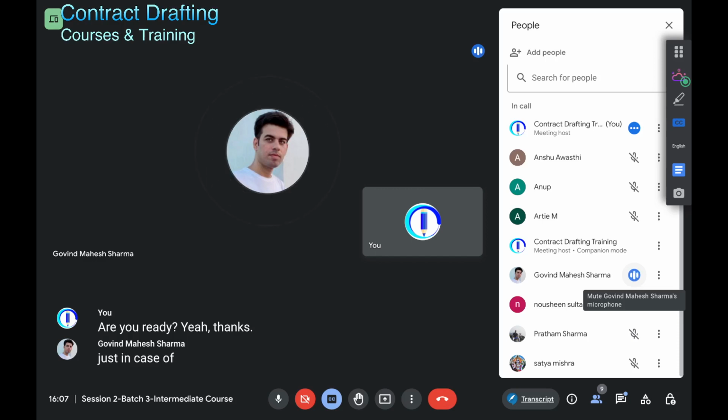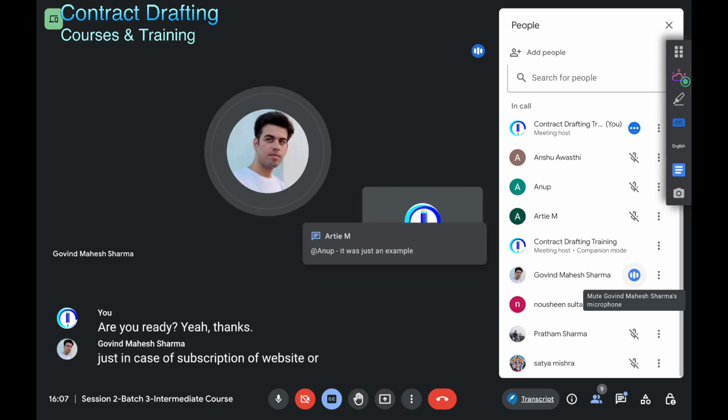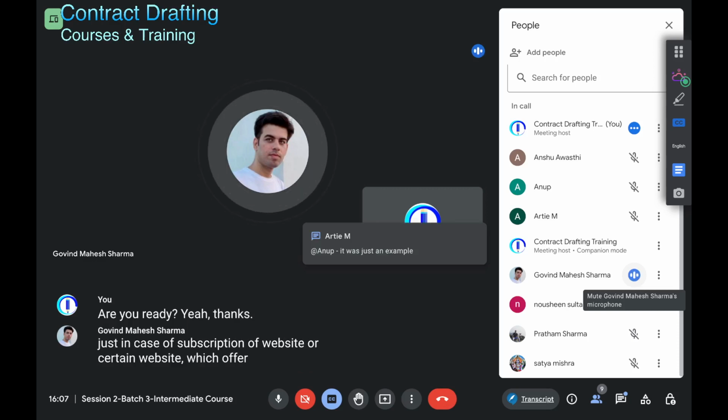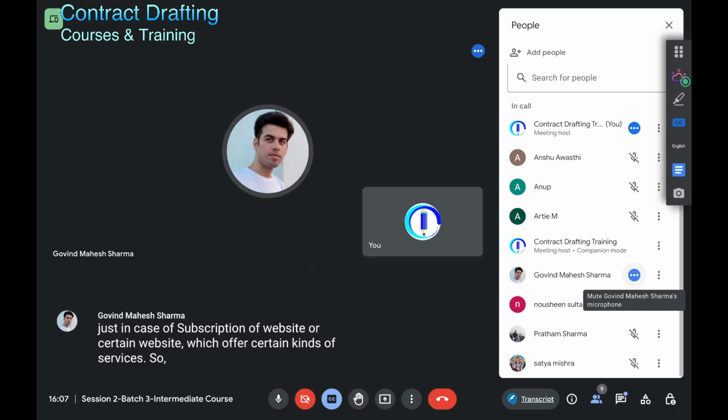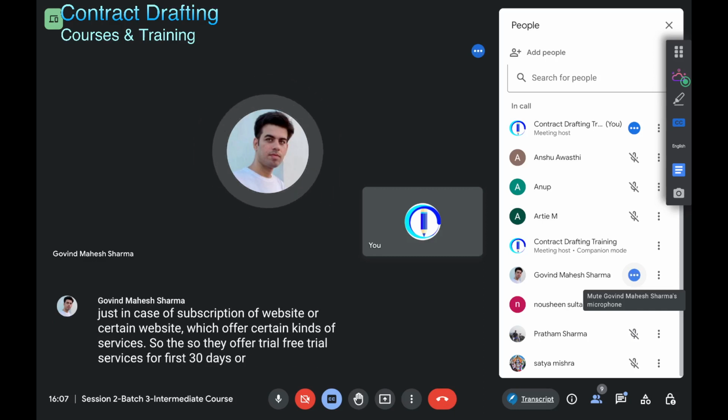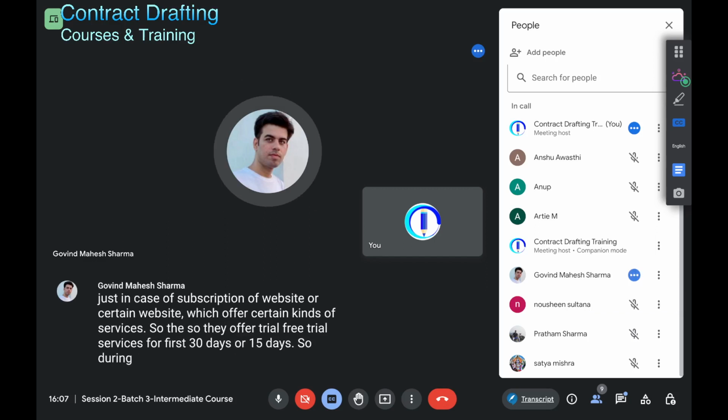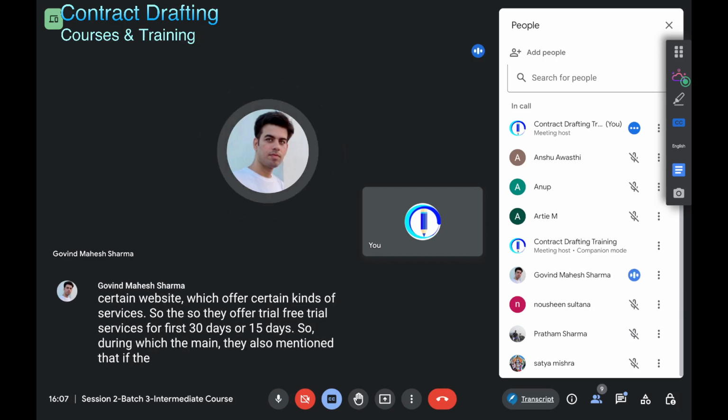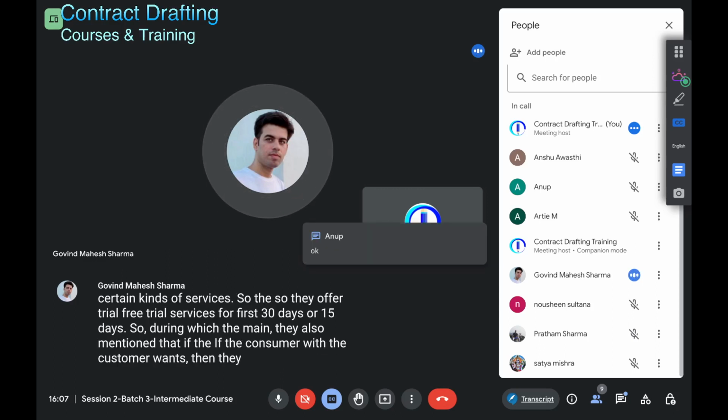In case of subscription of a website which offers certain kinds of services, they offer free trial services for the first 30 days or 15 days, during which they also mention that if the customer wants, then they may cancel the service and no payments will be charged from them.